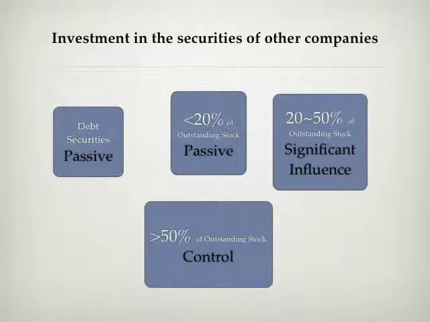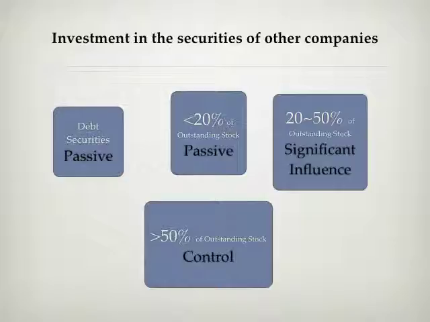So here, investment in the securities of other companies. You can see this chart. I have passive for the debt securities from the left, and the middle one, when the company has less than 20% of investment in the outstanding stock, is also categorized as passive. Next, this one is bigger: investment is about 20 to 50% of outstanding stock.